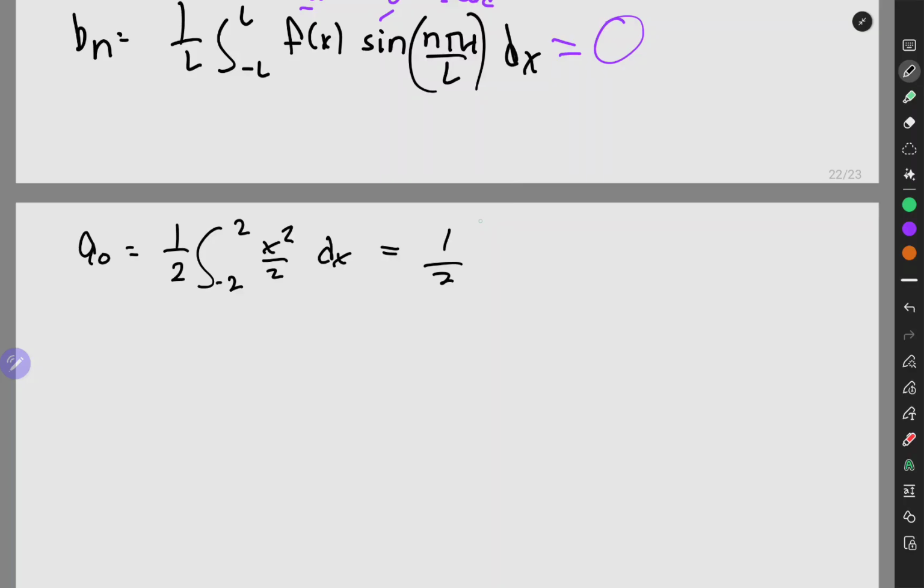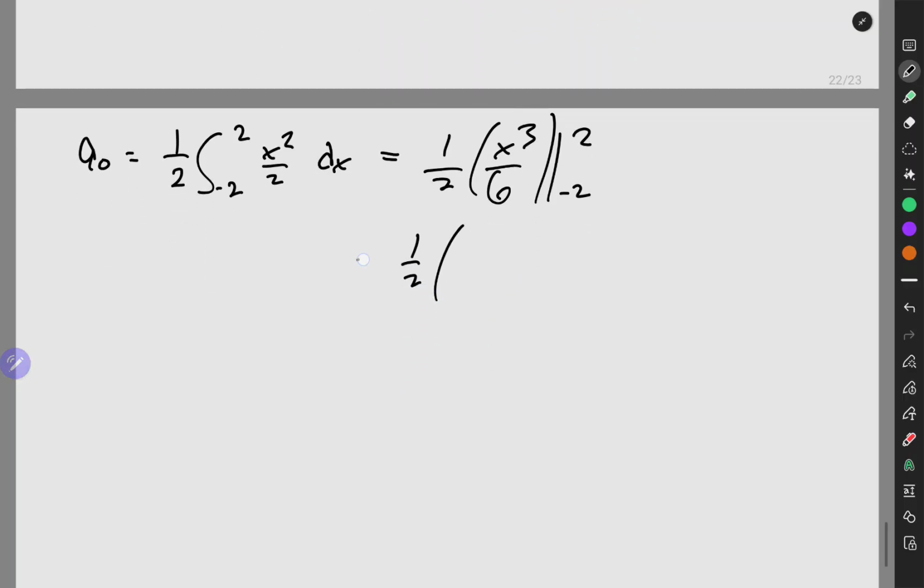This will be x cubed over 6. That would be, what's 2 cubed? 8 over 6 minus the same exact thing. Is it 0?